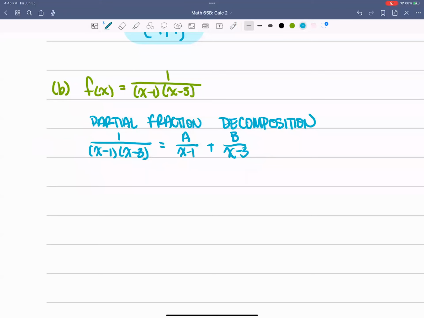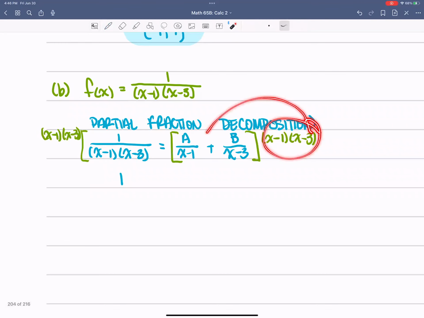So what we have here is going to be 1 when we multiply both sides by x minus 1 times x minus 3, and same thing over here. When it multiplies over here, we get rid of those two.